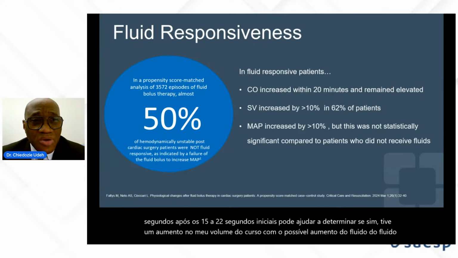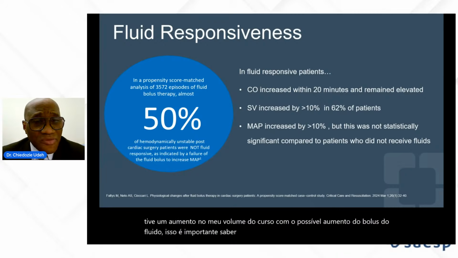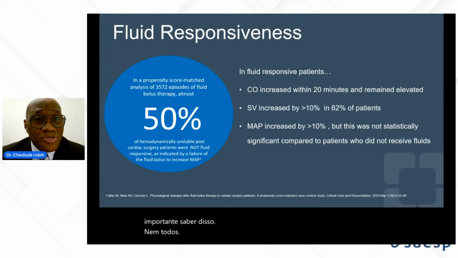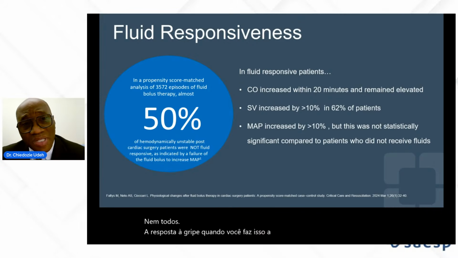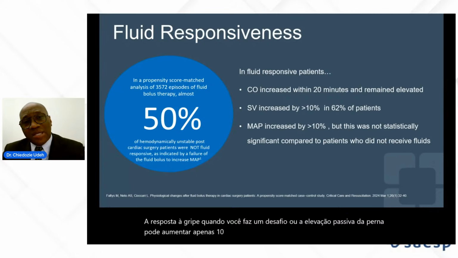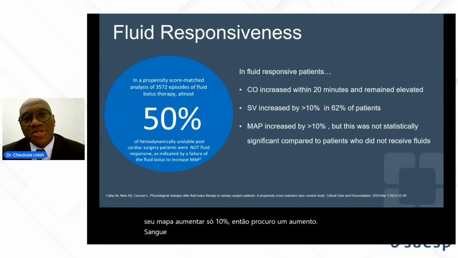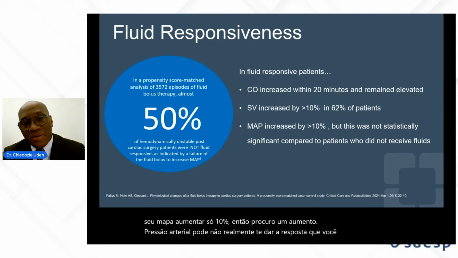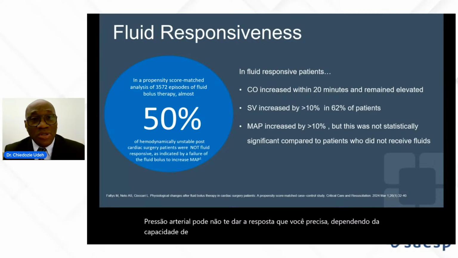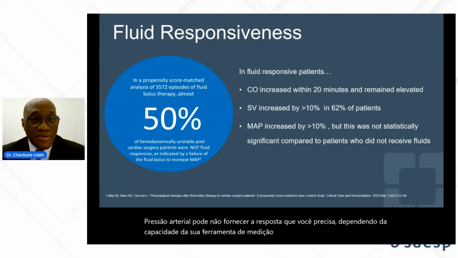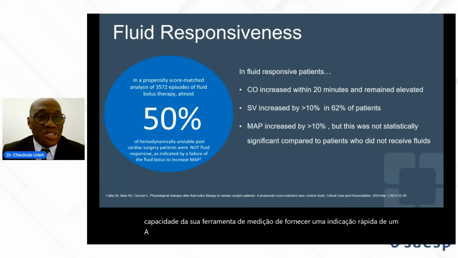It's important to know that not every fluid responsiveness challenge or passive leg raise will show it in the MAP, which might only increase by 10%. And so looking for an increase in blood pressure may not actually give you the response you need, depending on the ability of your measurement tool to give you a rapid response to the intervention you've made.